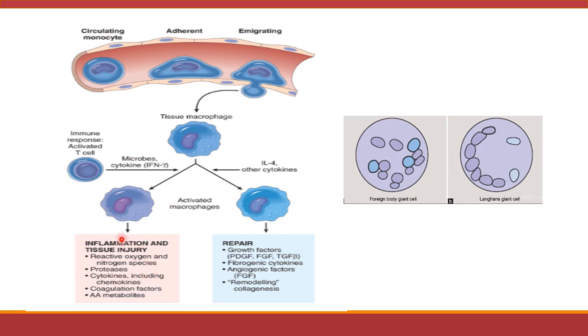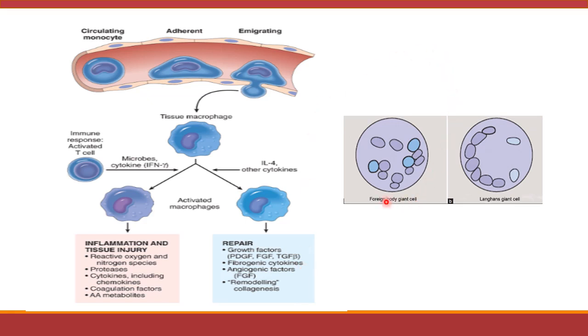They will share in the inflammatory response and the tissue damage by secreting many products to degrade the bacteria, but at the same time, these products will be harmful to the tissues. So they will cause tissue damage. And at the same time, the macrophage will have an important role in healing by secreting some growth factors and fibrogenic mediators that will stimulate or activate the fibroblasts.